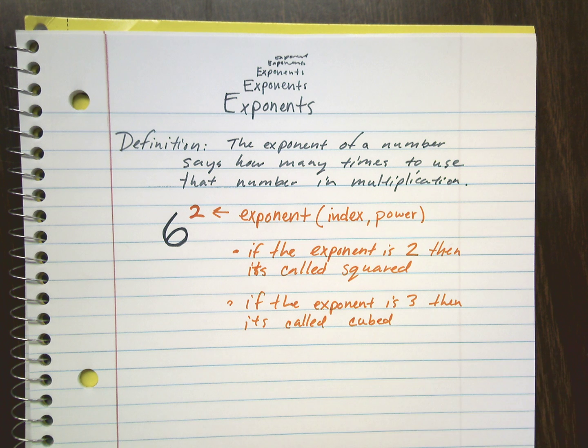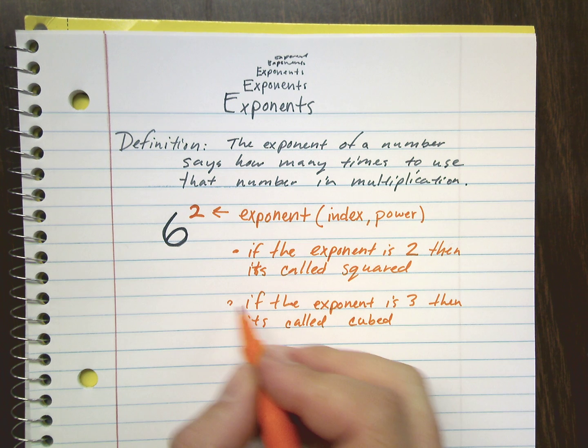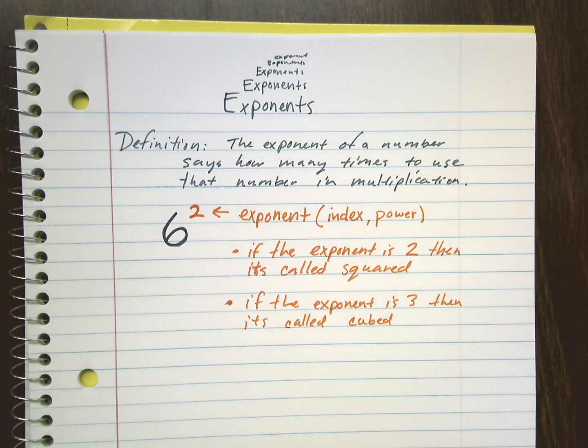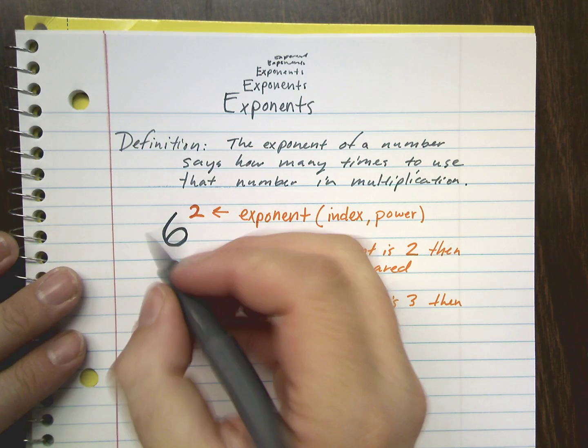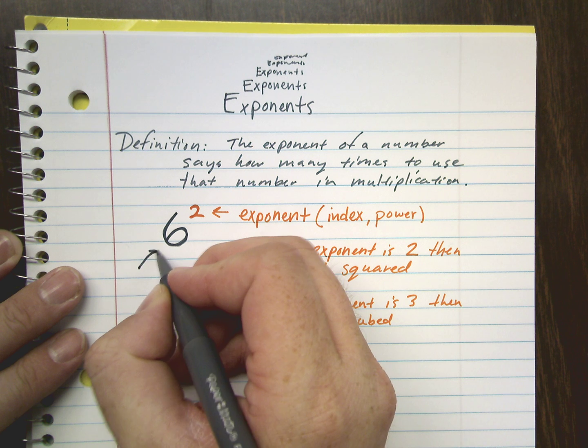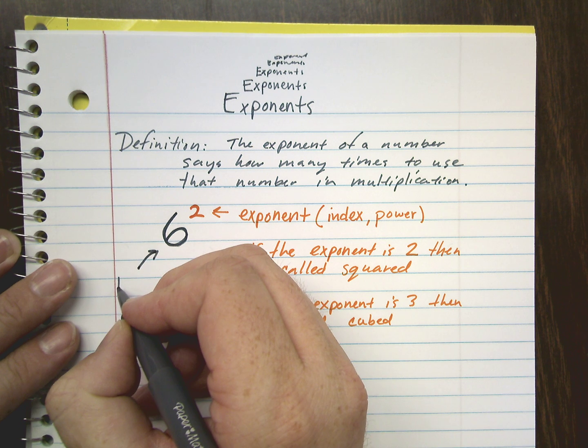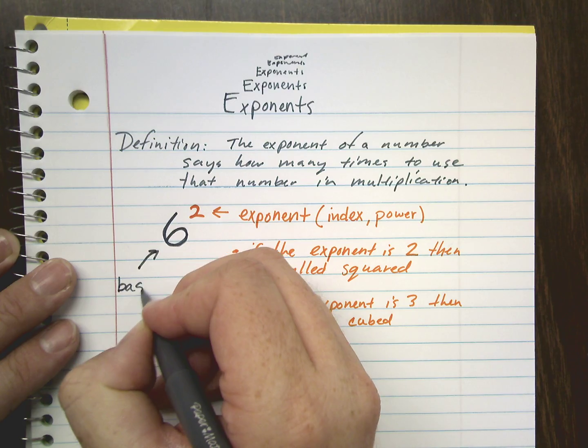And we'll go over why it's called that also. So this is our exponent. And then we also have another number here, our number 6, and our 6 is called the base. So this is our base number.